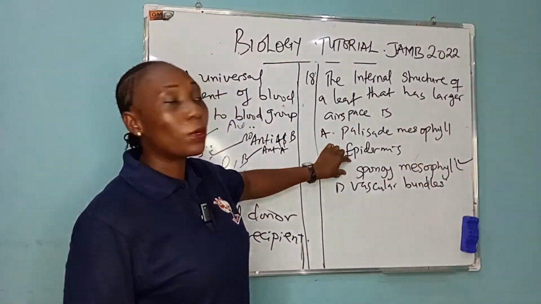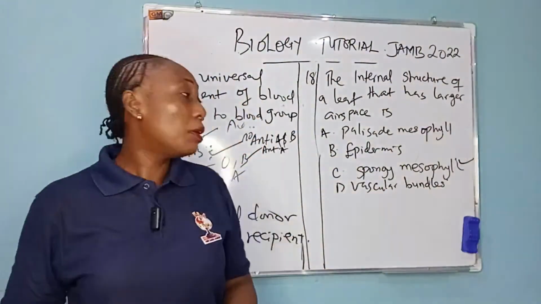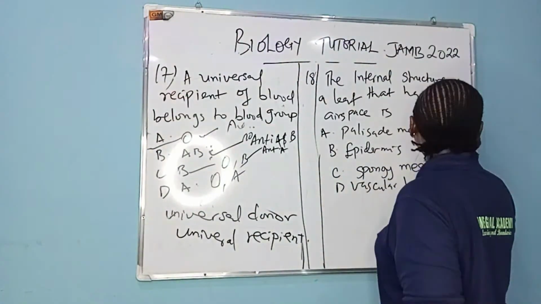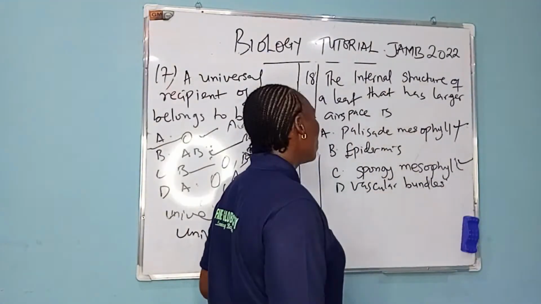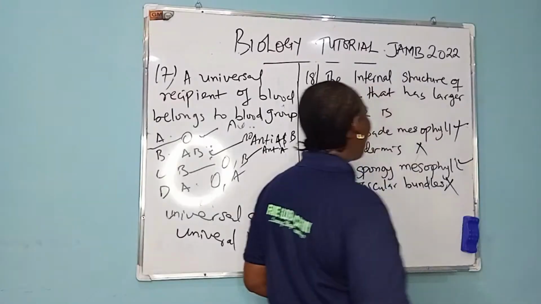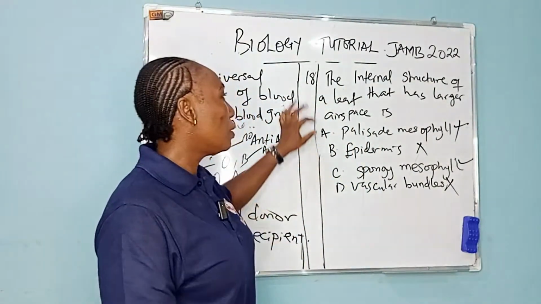It helps in the transportation of carbon dioxide during photosynthesis, this spongy mesophyll. For this one, the cells are tightly packed, so that makes it wrong. Epidermis, vascular bundle, same thing. So the correct answer here is spongy mesophyll.